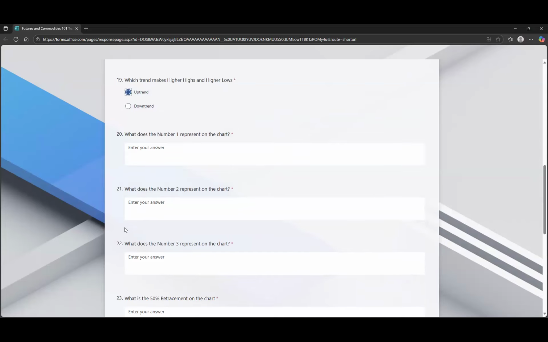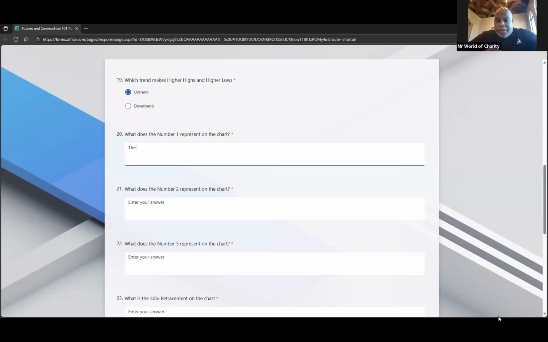Okay. What does the number 1 represent on a chart? What does the number 1 represent on the chart? Are we talking about the 1, 2, 3 top?